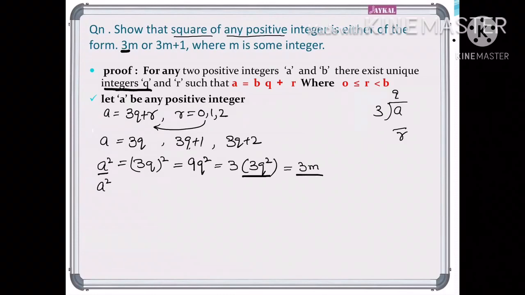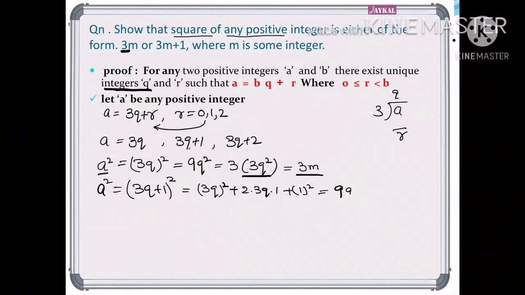The second case is a equal to 3q plus 1. Squaring both sides, we get a square is equal to 3q plus 1 whole square. Then by expanding it using the identity a plus b whole square, we get 3q whole square plus 2 into 3q into 1 plus 1 whole square, that is equal to 9q square plus 6q plus 1.